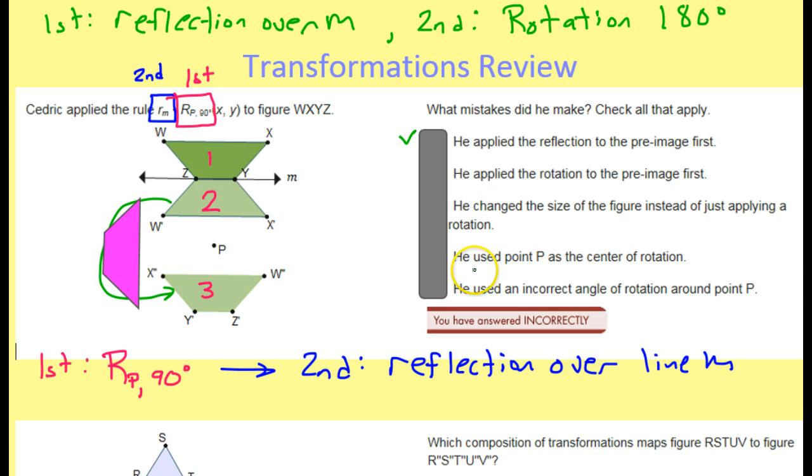That's fine. He used point P as the center of rotation. Yeah, he did use point P, but he's supposed to use point P, so that's fine. He used an incorrect angle of rotation around point P. Yeah, that's the other thing. He did 180 degrees, like I said. He was supposed to do 90, so it should have been this pink image. So these are the two mistakes he made.